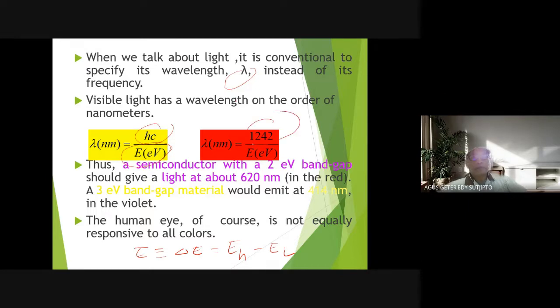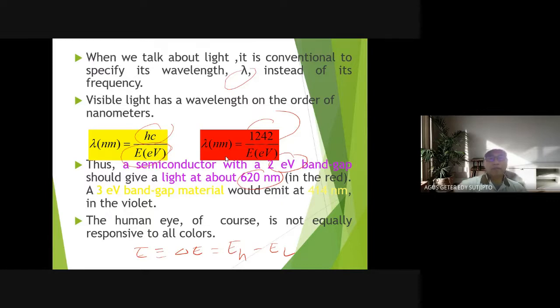So we can have a semiconductor with 2 electron volts, then produce light with a wavelength of 620 nanometers. This is a red light.